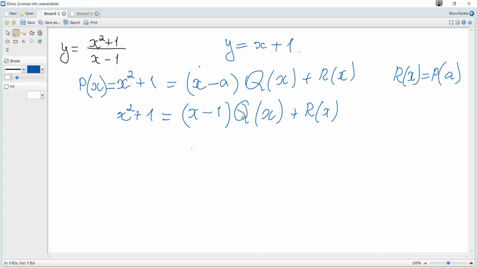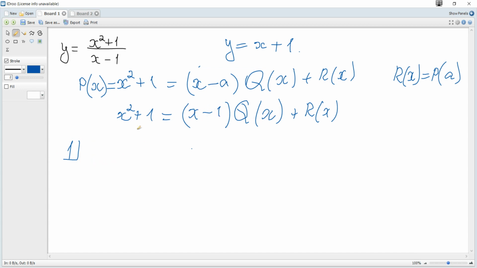So to find q and the remainder, I just divide x squared plus 1 by x minus 1, and using synthetic division I write 1 here. If we divide by x minus 1, or x minus a, here should be a.